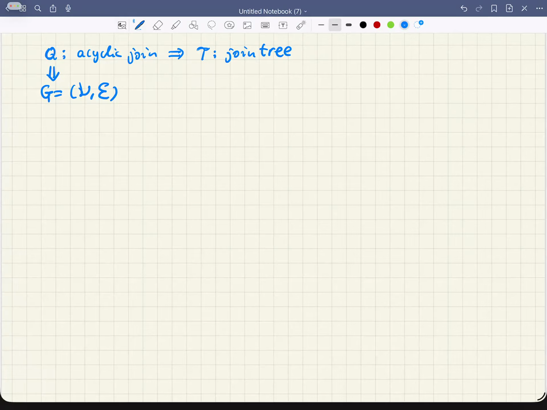In order to demonstrate this, I'm going to give you a join tree right away. AB, AC, AD, and I say B, C, D, E. And then you got C, F, and CG. All right. Now that's a join tree.